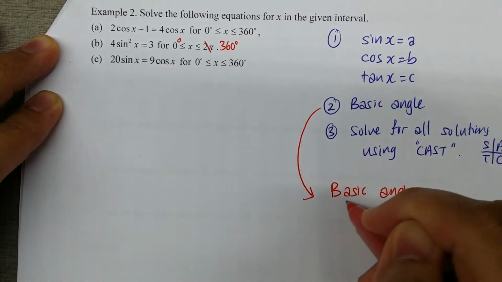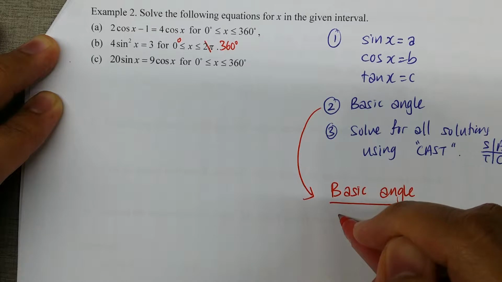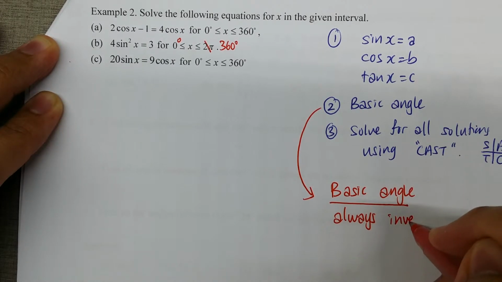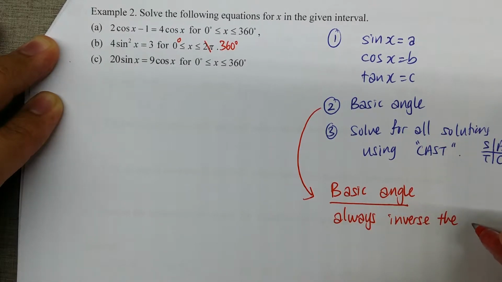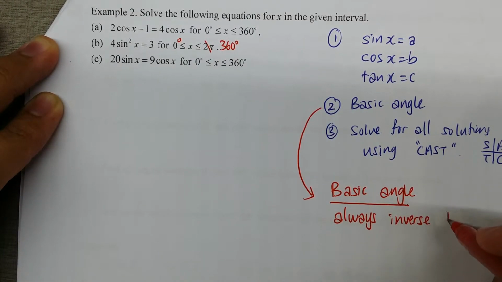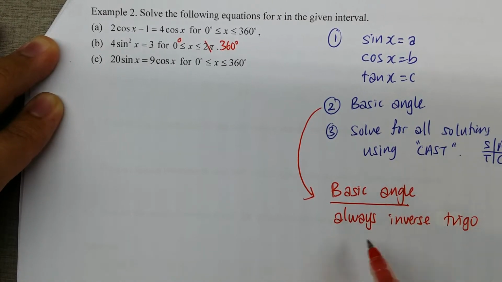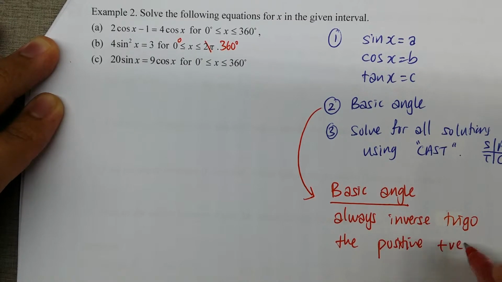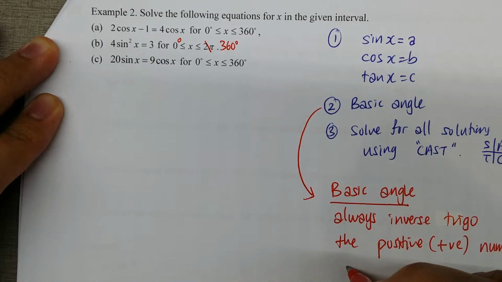For basic angle, something we need to note: to find the basic angle, always inverse trigo, which means always inverse sine, inverse cosine, inverse tangent, the positive number, regardless whether it is positive or negative.